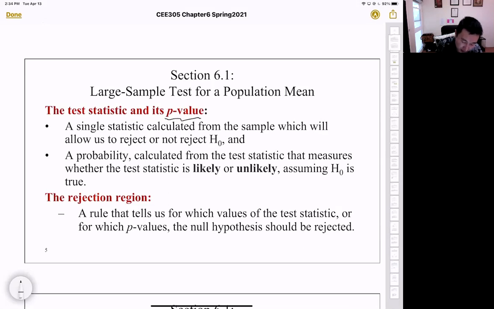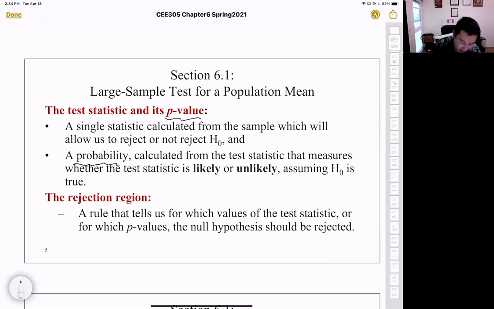The test statistic is a single statistic calculated from the sample, which allows us to reject or not reject the null hypothesis H0. We also calculate the p-value. What is the p-value? The p-value is a probability, calculated based on the test statistic, that measures whether the test statistic is likely or unlikely, assuming H0 is true.